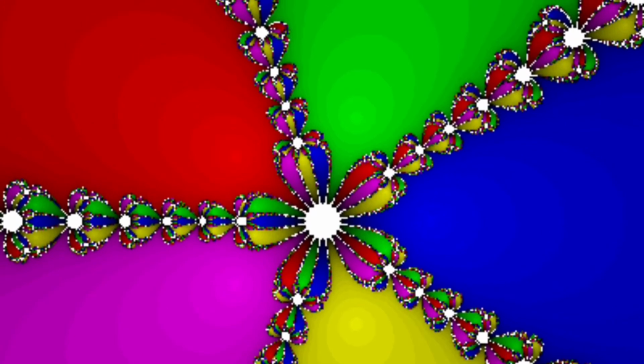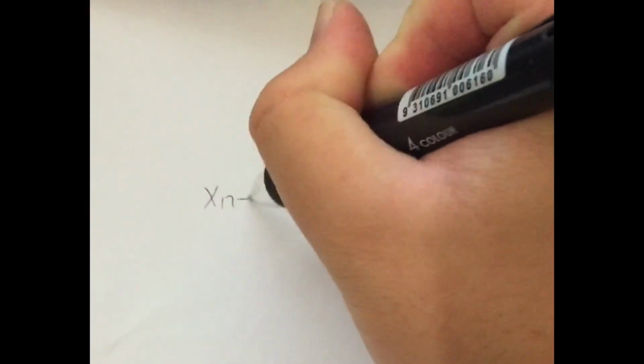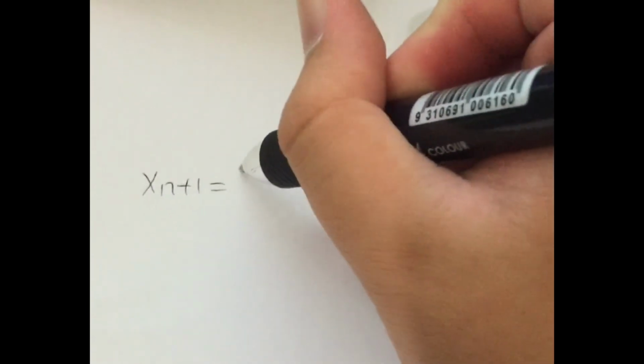Each zero has a basin of attraction in the complex plane, the set of all starting values that cause the method to converge to that particular zero. These basins can be drawn as in the image shown. For many complex functions, the boundaries of their basins of attraction are fractals.